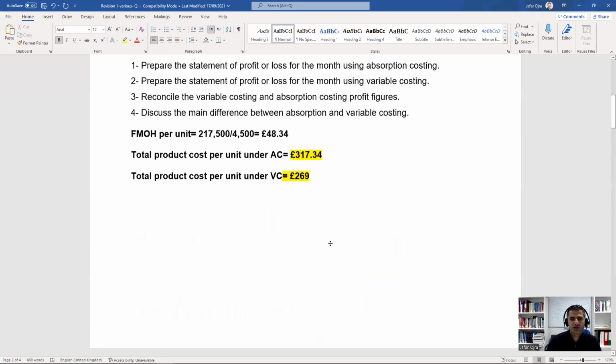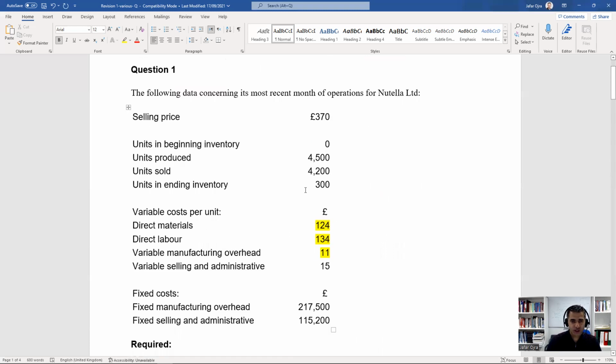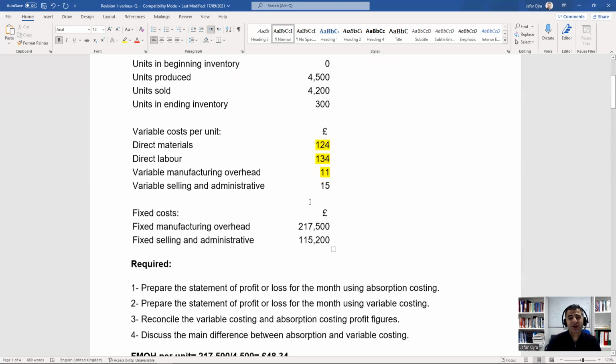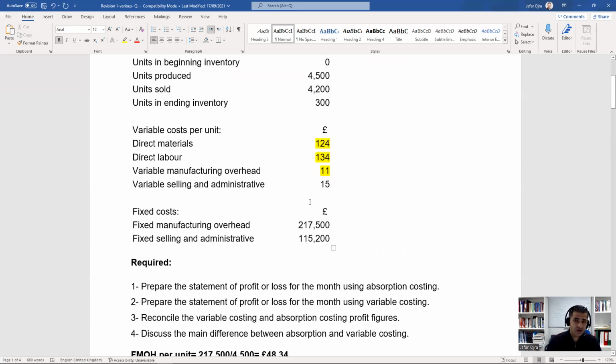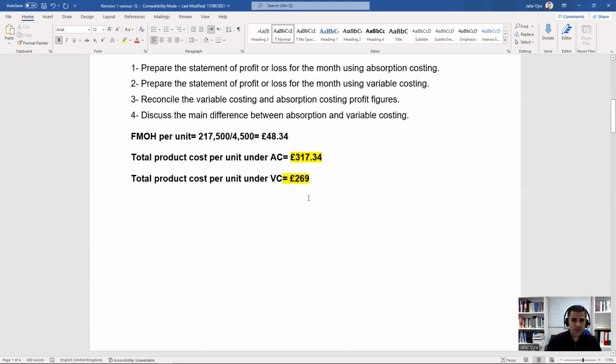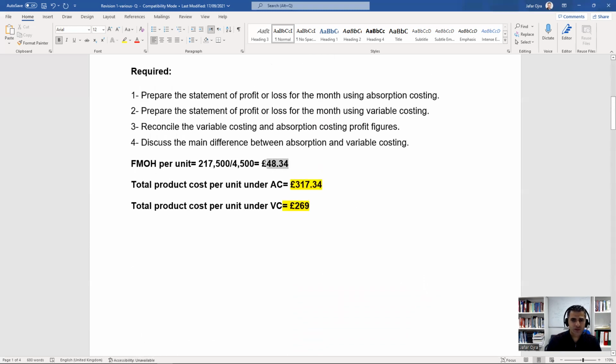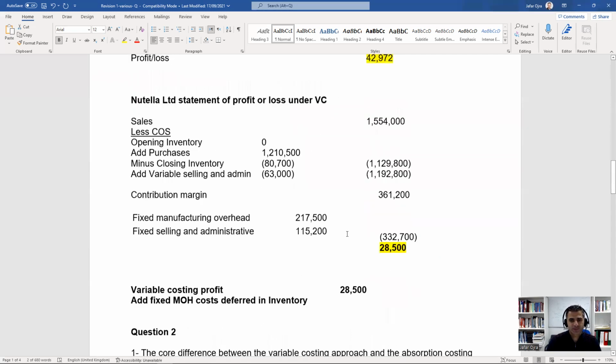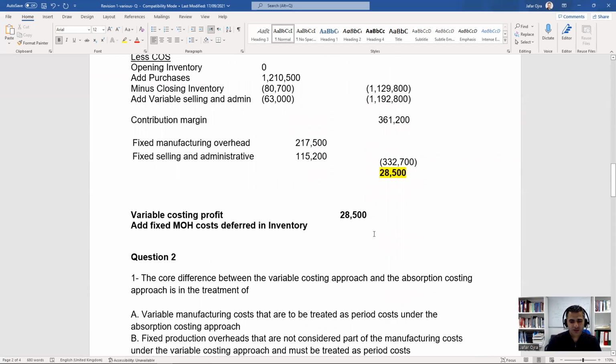How much closing inventory do we have? We have 300 units of closing inventory. You just multiply it by the budgeted fixed overhead per unit, which we calculated, I think, 48.34 times the 300. That's it. And that makes 14,502.